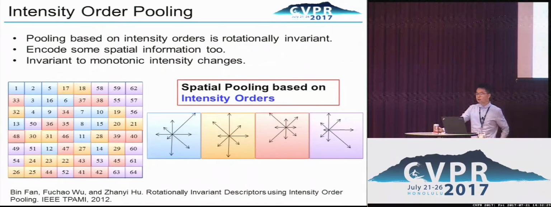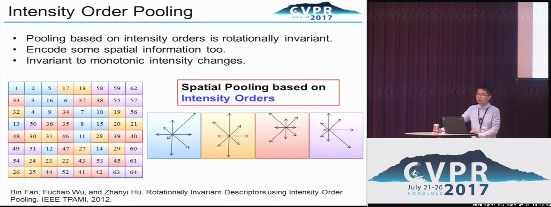This intensity order-based spatial pooling method is rotationally invariant in theory. That is, no matter how the local region rotates, it always accumulates low-level features from the same pixels. So the obtained descriptor is rotation invariant too.